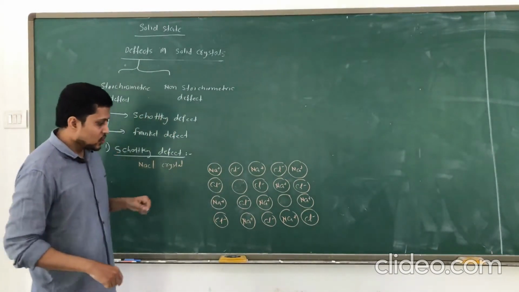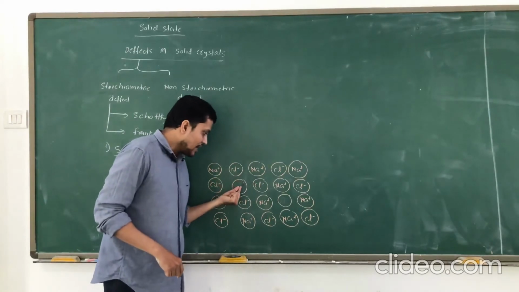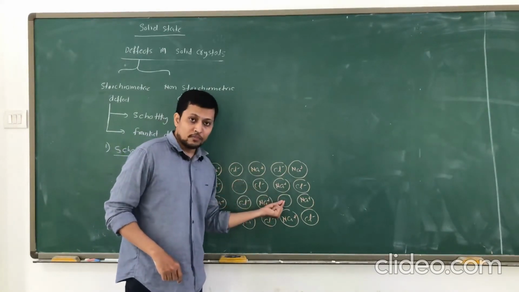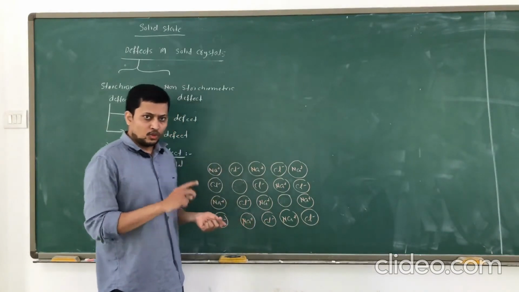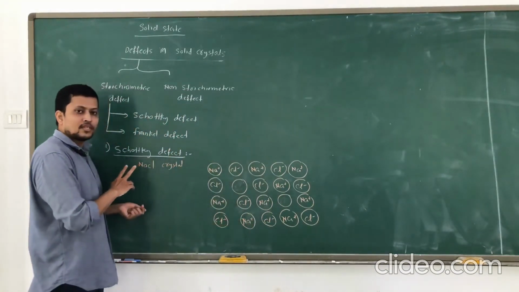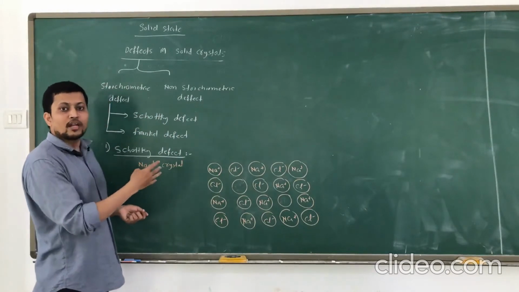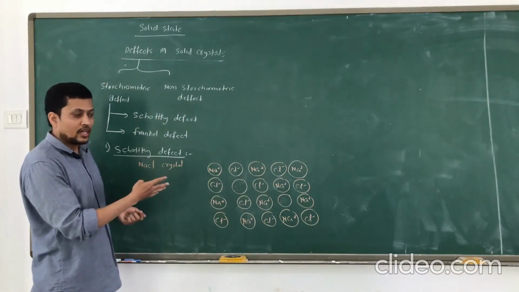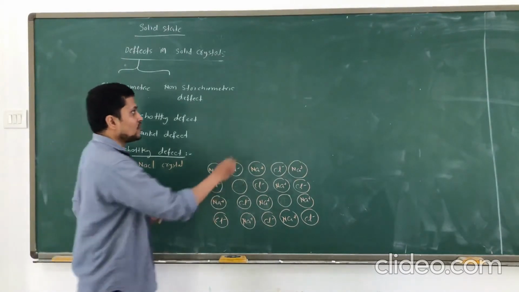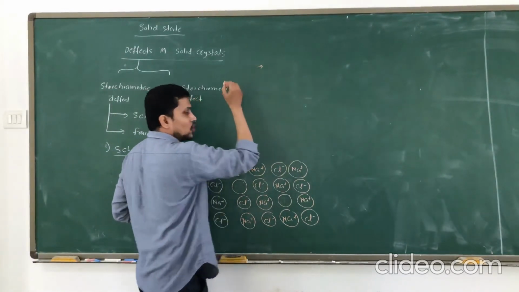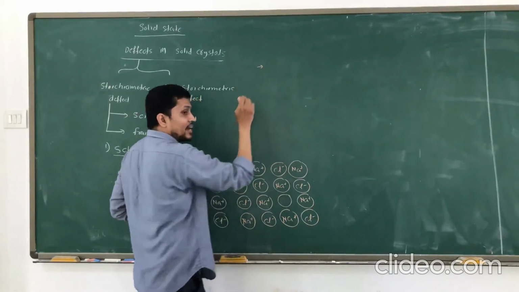Remember that in Schottky defect, the number of anions and cations which are missing are the same and equal. Suppose 2 Na plus ions are missing. Then 2 Cl minus ions are also going to be missing along with that, and they are going to maintain the electrical neutrality.